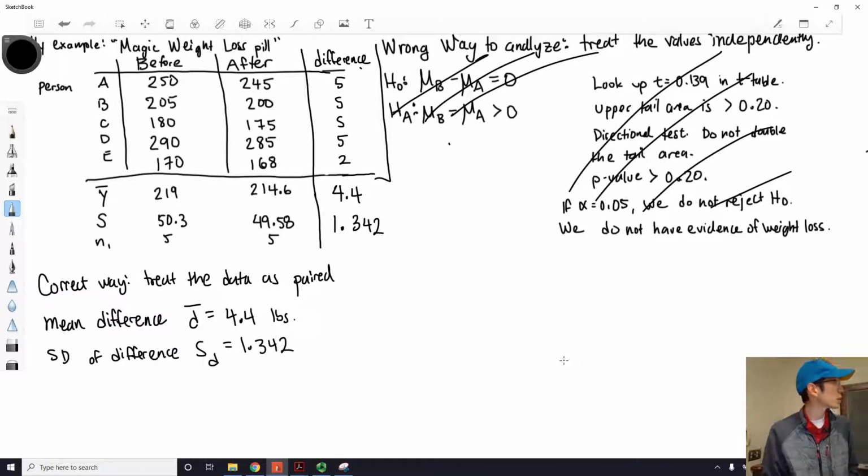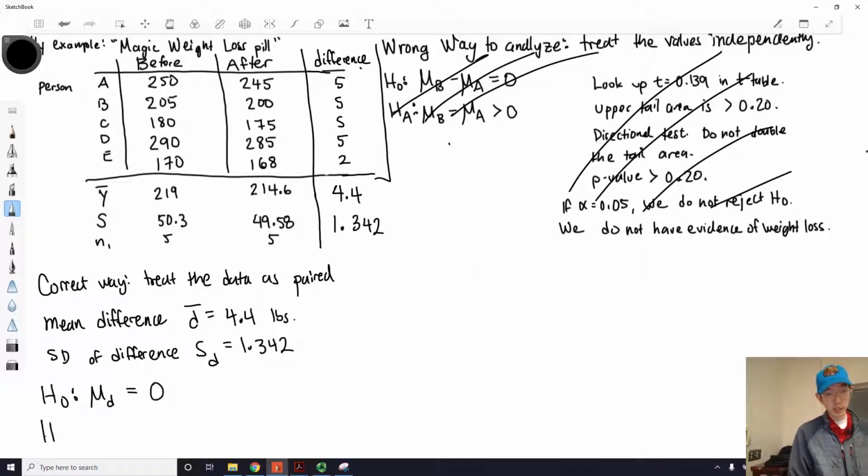Okay. My hypothesis is about the difference. The mean difference is equal to 0. And then the alternative, if it's one-sided, is that the mean difference is greater than 0.